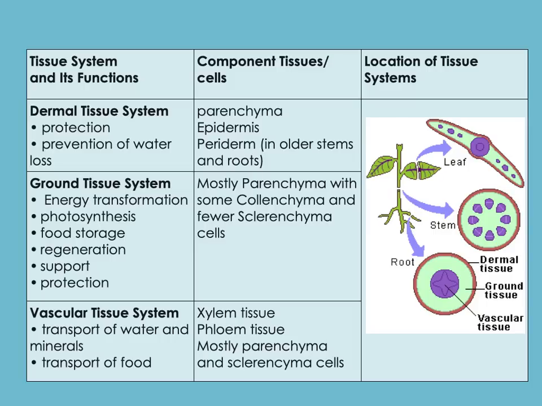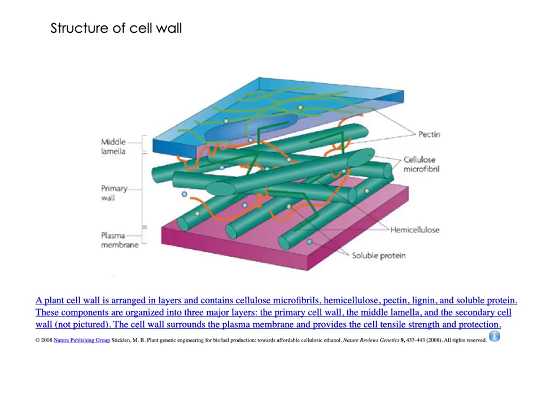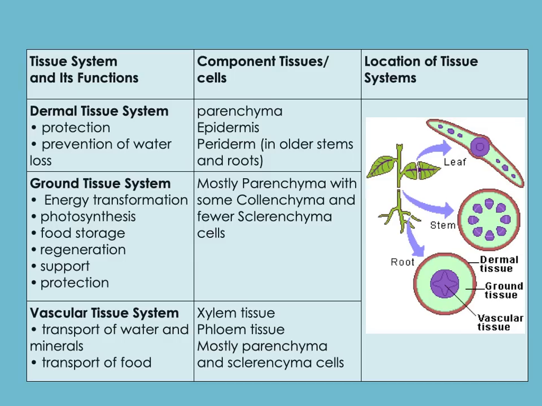When you look at this table, it shows you the locations of the tissue systems. All of the different types of cells will later become the building blocks for different tissue systems.